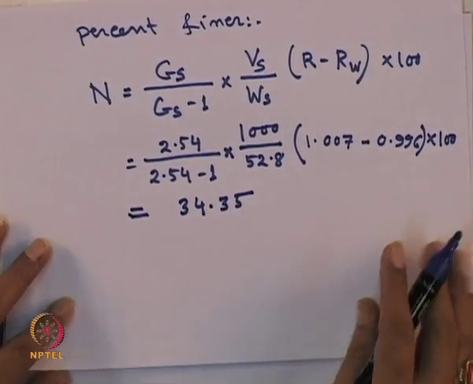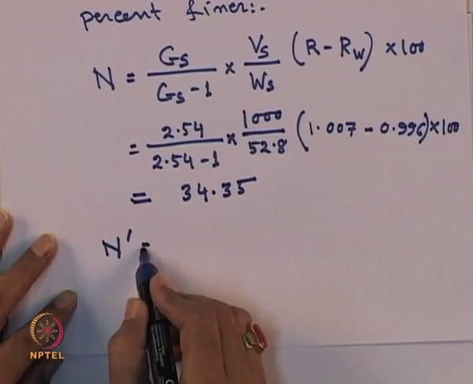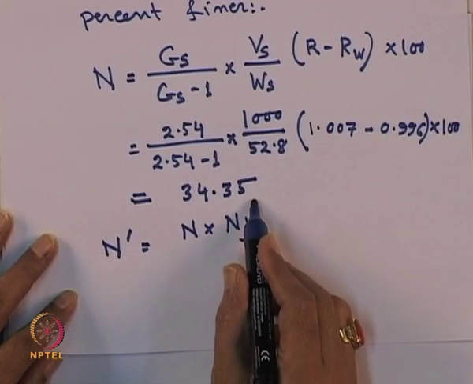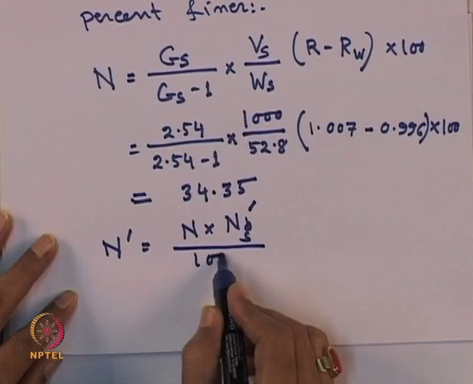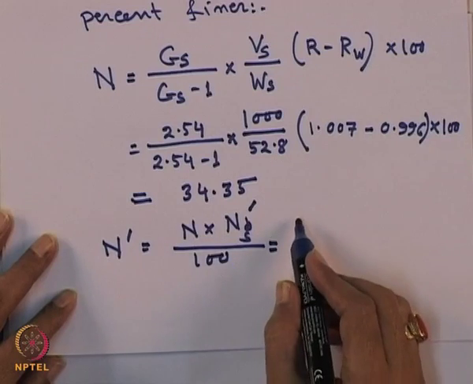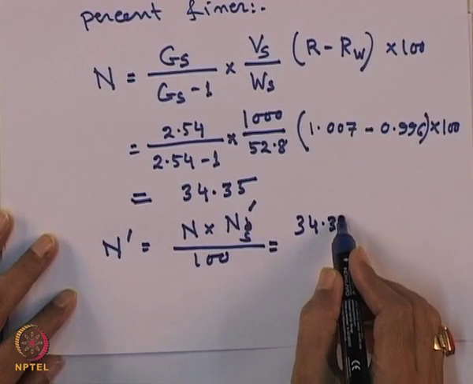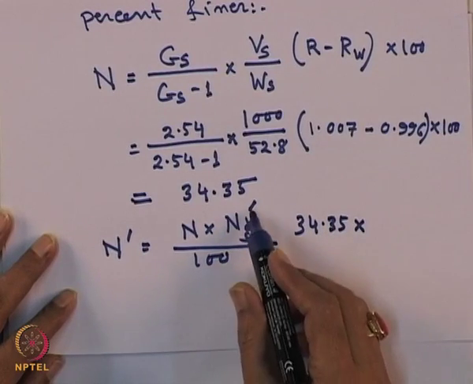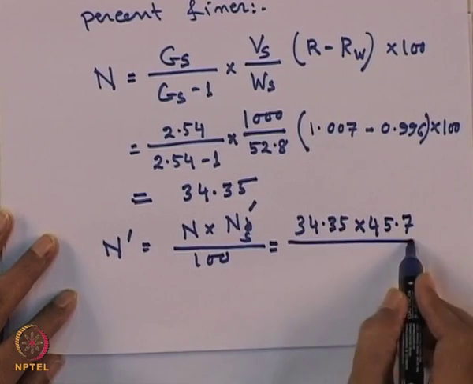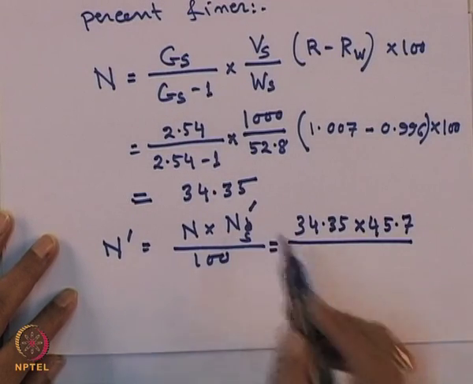So, you also have to calculate the N dash value, which I mentioned here, defined as N dash is equal to N into N of g dash divided by 100. So, this N value is 35.35 into the N dash g value, which we have calculated earlier from the gravel analysis, the percentage final left in the gravel.